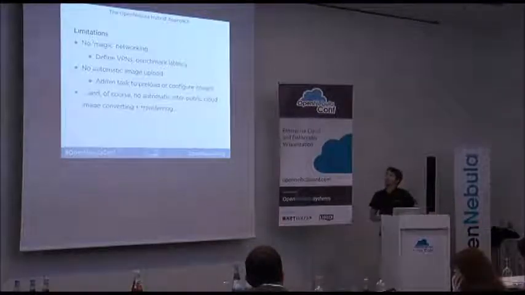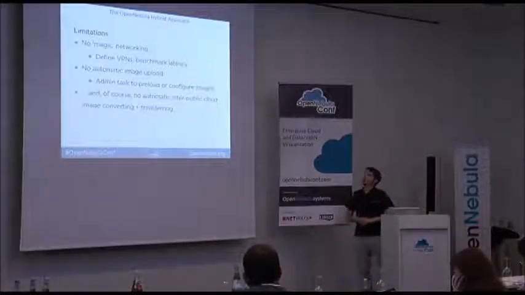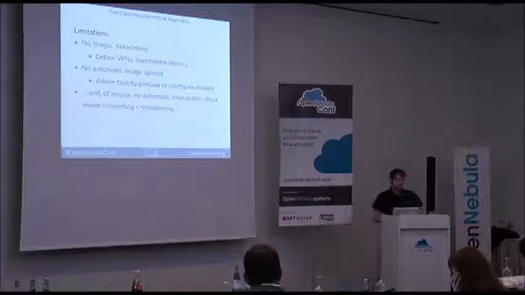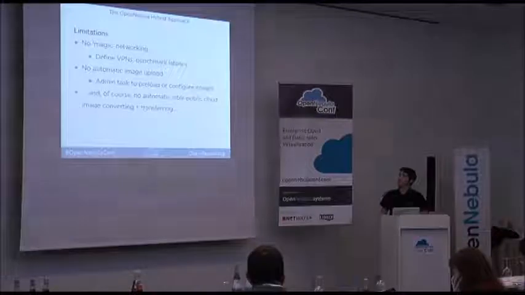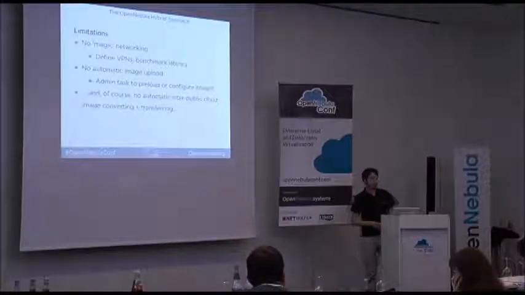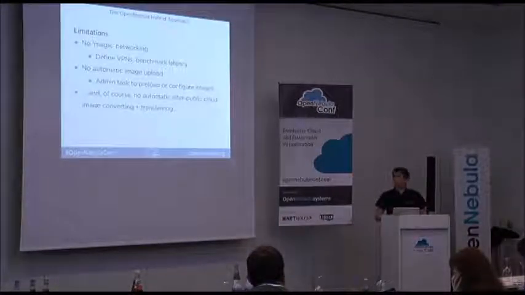Another aspect that OpenNebula doesn't cover is the automatic image upload, and we get this a lot, saying, okay, I have my local image in OpenNebula, and I want to upload it to Amazon.